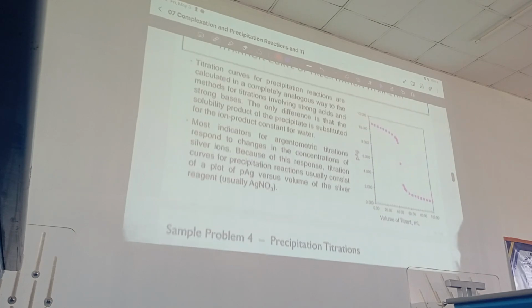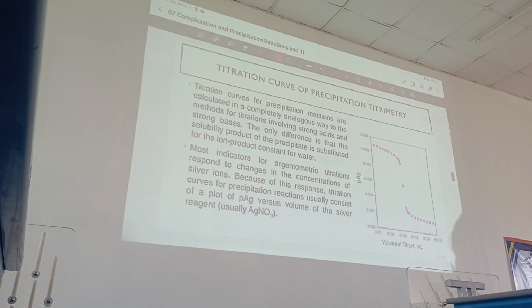Okay, let's proceed to the titration curve for precipitation titration. Titration curves for precipitation reactions are calculated in a completely analogous way to methods of titration involving strong acid and strong base. It is the same as calculating the strong acid and strong base titration curve, where the excess is the basis. Instead of pH, we use pAg.